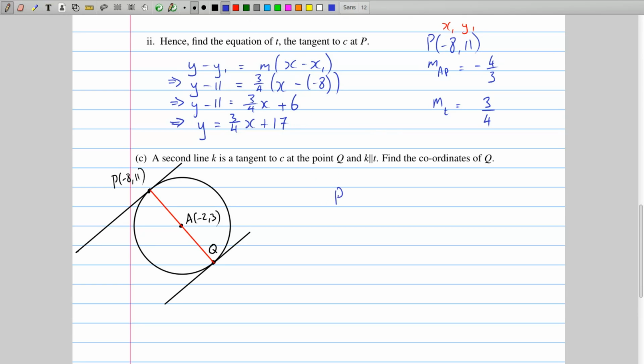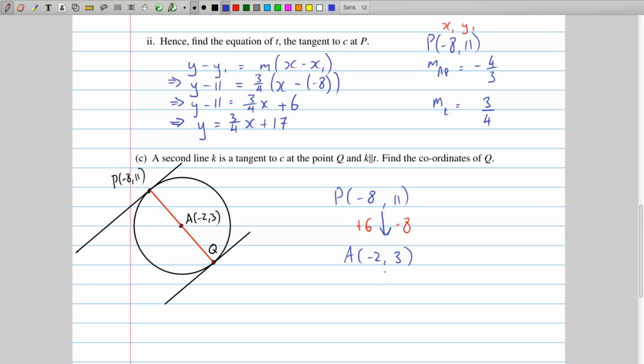So to go from P, which is -8, 11, to A, which is -2, 3, you need to add 6 to the x, and you need to subtract 8 from the y.